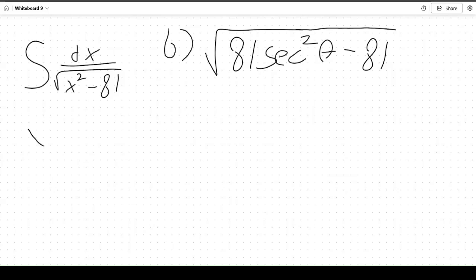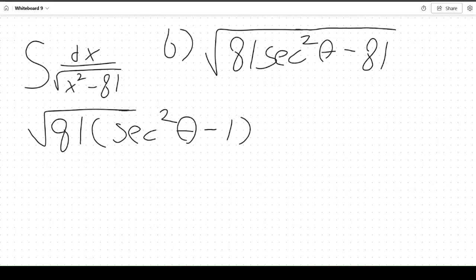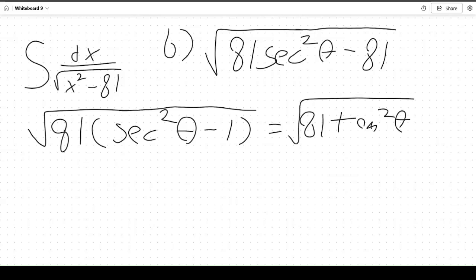We can take out the 81, so we have secant squared theta minus 1. And secant squared theta minus 1 is equal to tan squared from our trigonometric identity. So this will be equal to the square root of 81 tan squared theta. And when we square root both of these, the square root of 81 is 9, and the square root of tan squared would just be tan. So we are left with this.